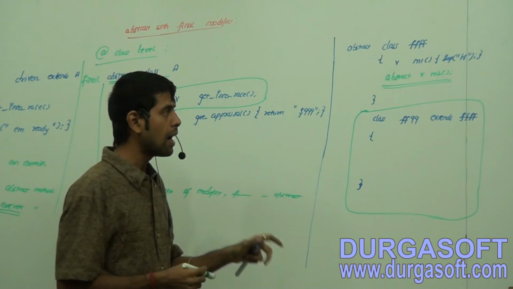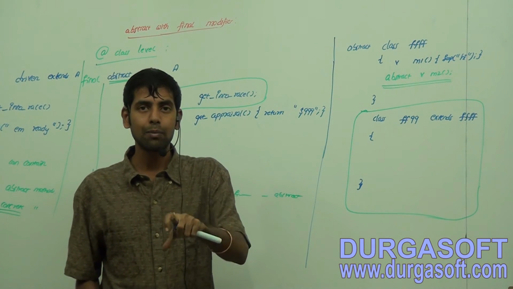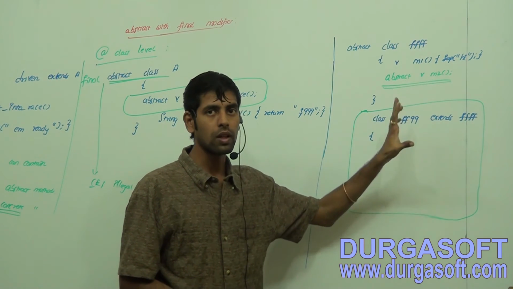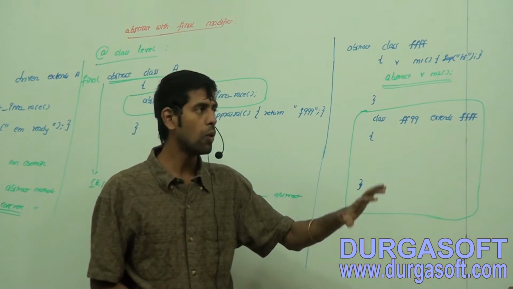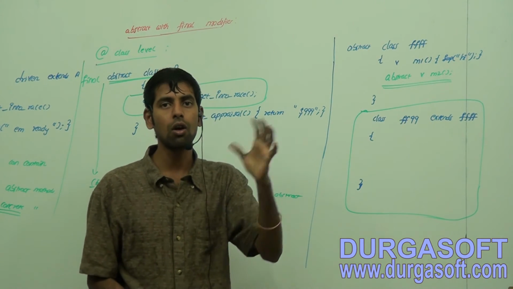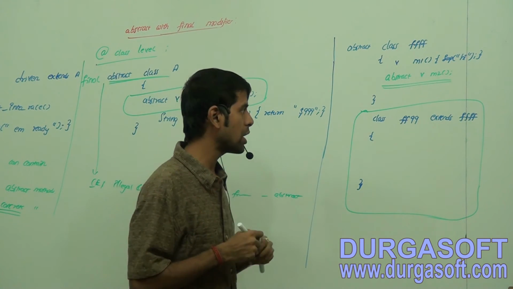What is that? ff99 is not abstract, or abstract method void m2, that is abstract method m2 in ff doesn't get overridden properly. How are we going to get that compile time error? Please observe here.